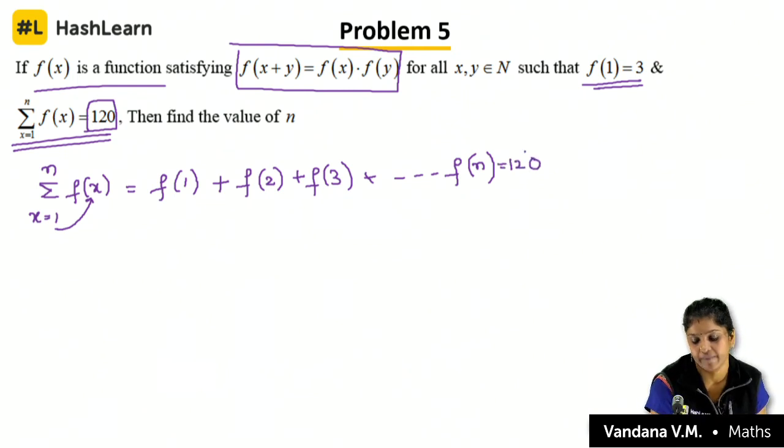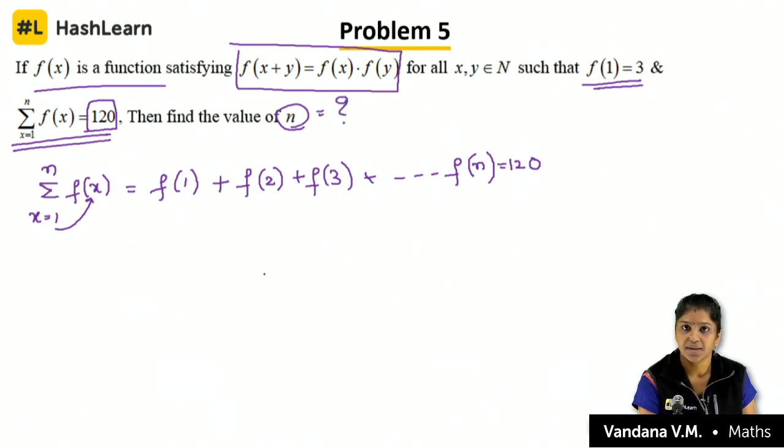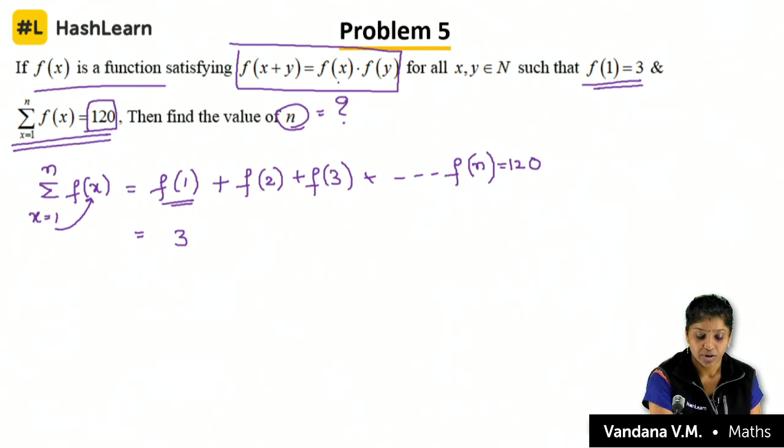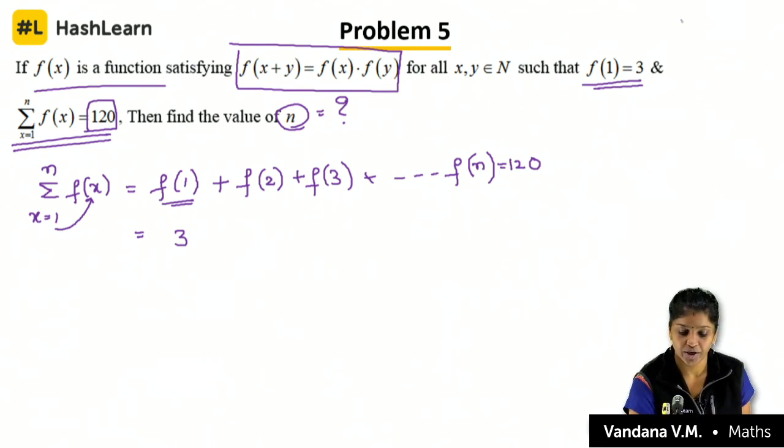They only gave 120. Now I would like to find out the value of n, isn't it? I know the value of f of 1, they gave us 3. Now for f of 2, they gave one more condition also, don't forget, children.